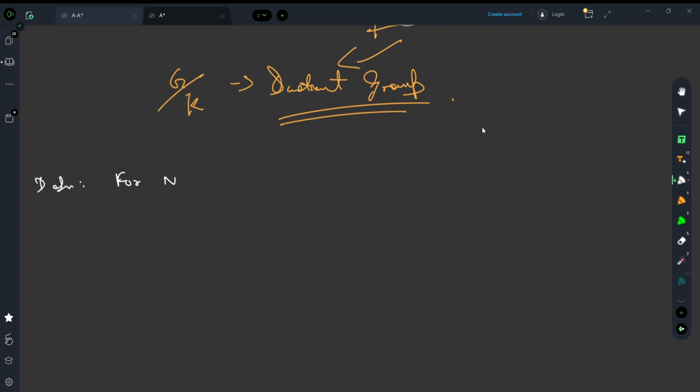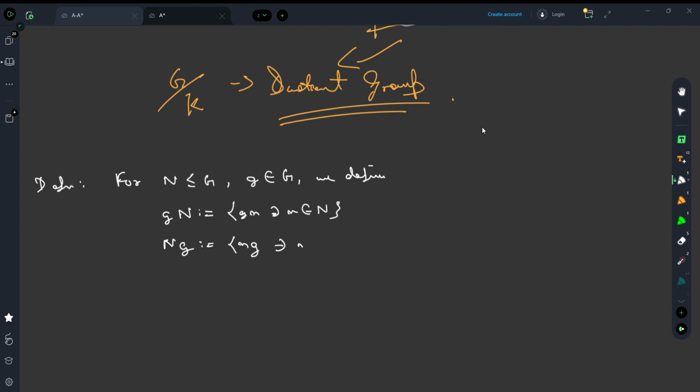For N a subgroup of G and small g in capital G, we define gN to be the set of all elements of the form gn, where small n is in capital N. And we define Ng, so let me use the notation for definition, to be the set of all ng such that n is in capital N. So gN is called the left coset of N in G. Ng is called the right coset of N in G.